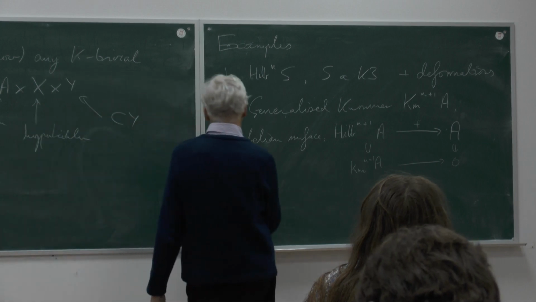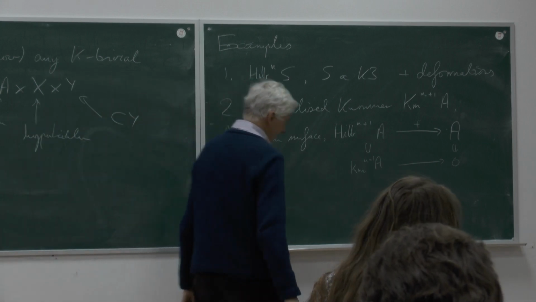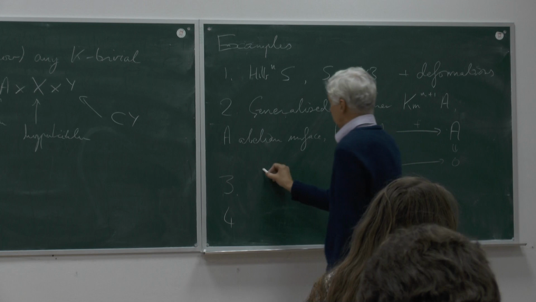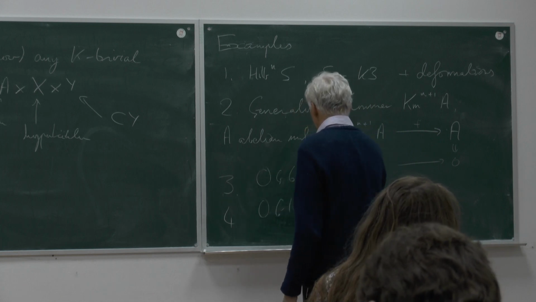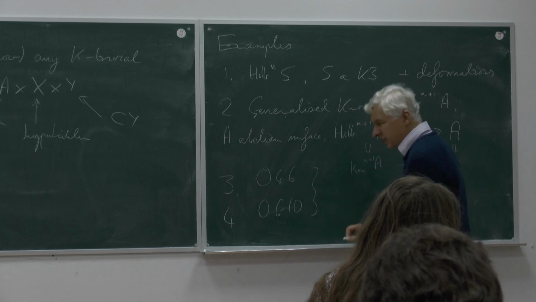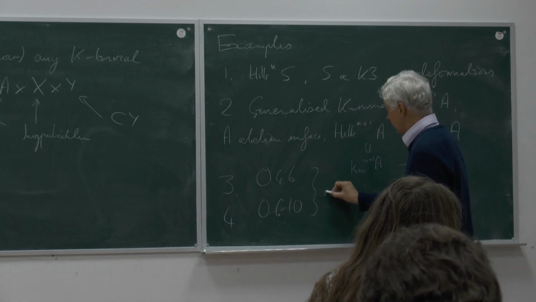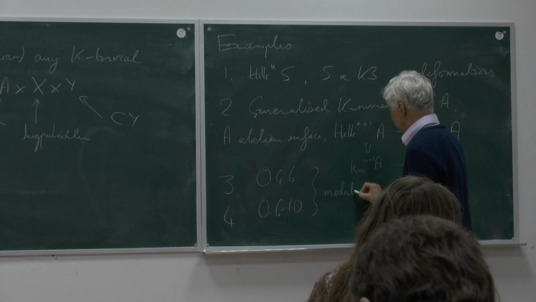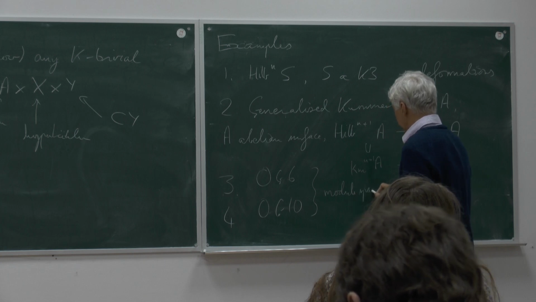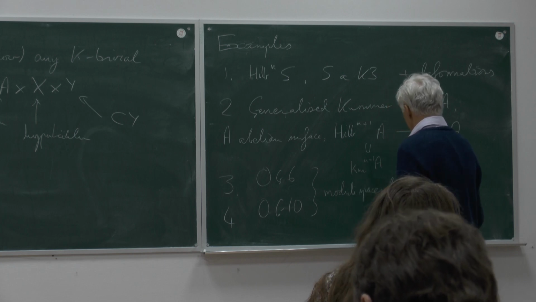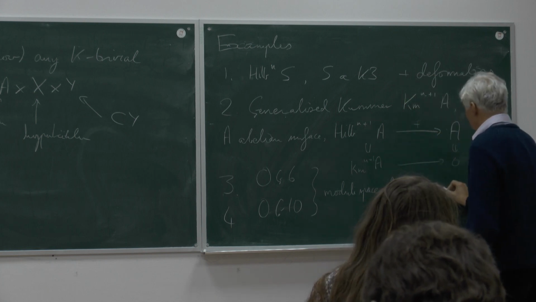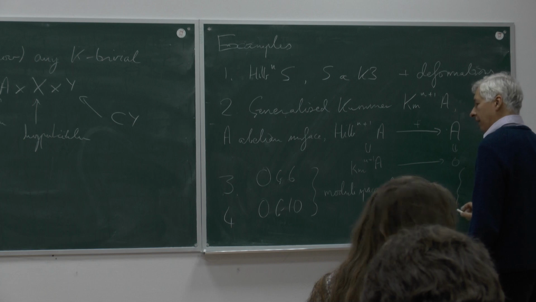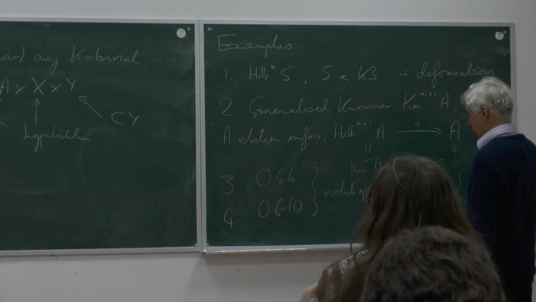And then there are things called OG6 and OG10. And these are particular moduli spaces of sheaves, but very special ones on, and then I rather wish I'd put those the other way around, actually. Doesn't matter.